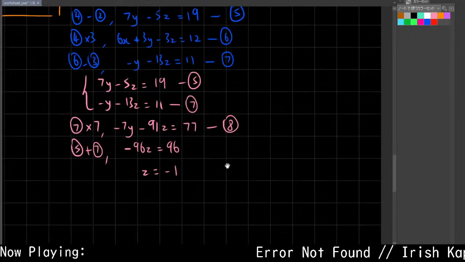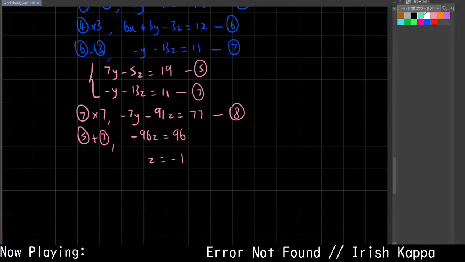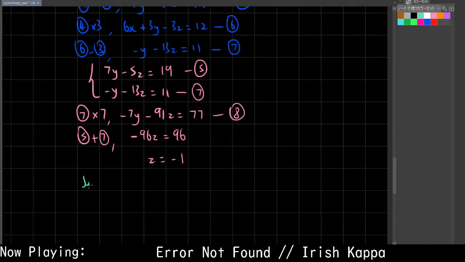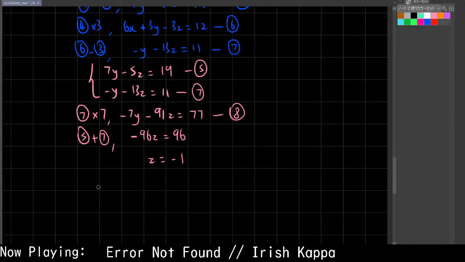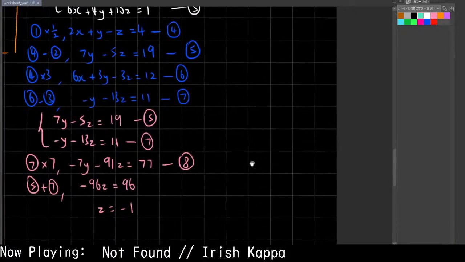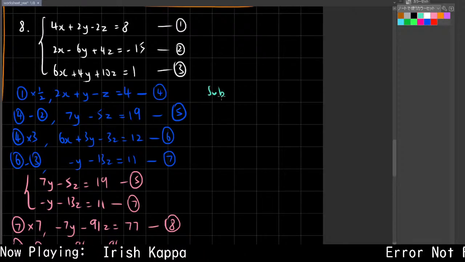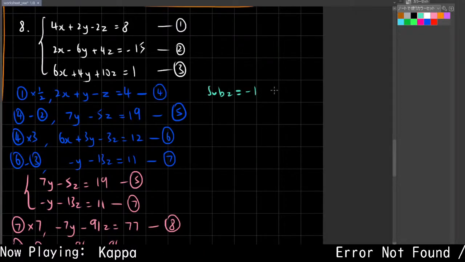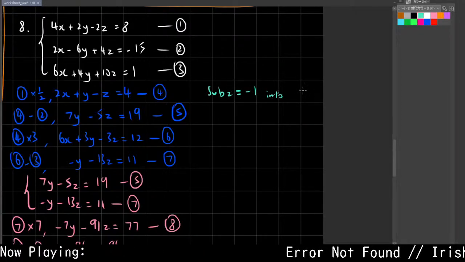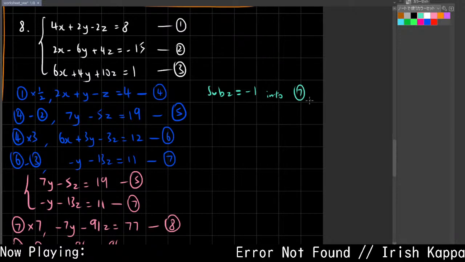Yep, okay. Then you stop. There's more space over here. Then sub z equals to -1 into whatever equation, let's say equation 7.